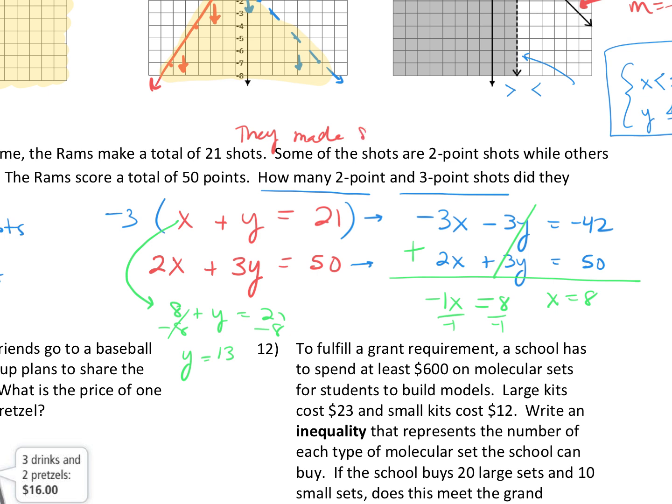So they made 8 2-point shots, and our y value was 13, 13 3-point shots. Okay, that's quite sloppy, but you guys have your audio on, so I know we're listening.